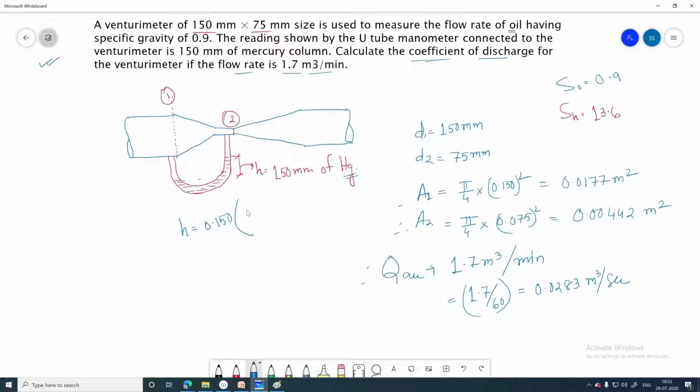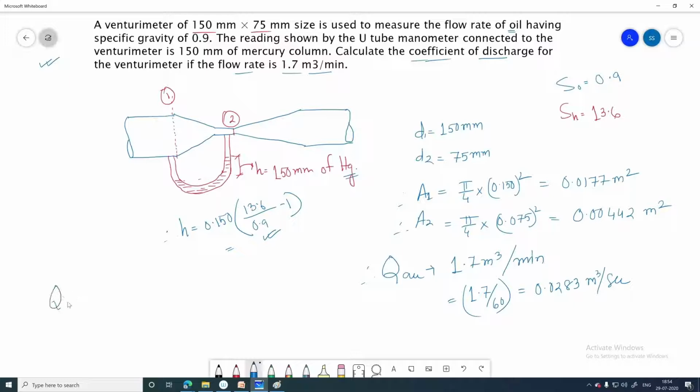So SH is 13.6 by 0.9 minus 1. Okay. So H will be the value whatever you get, that will be in terms of the oil, the fluid that is given in the question. So we will determine directly by putting in the formula.